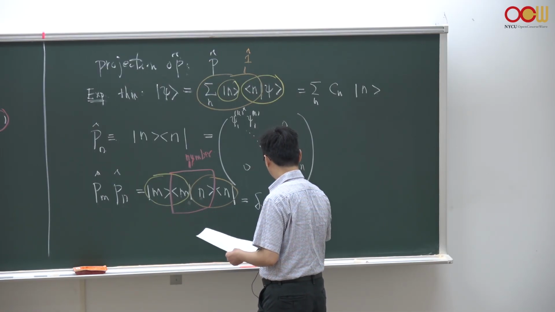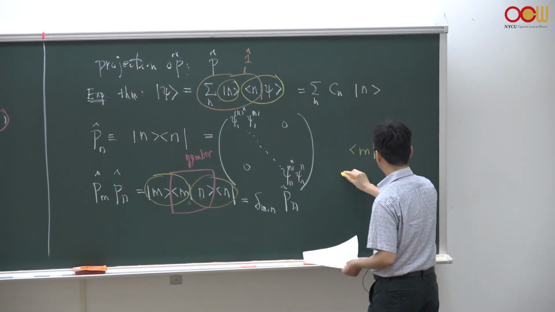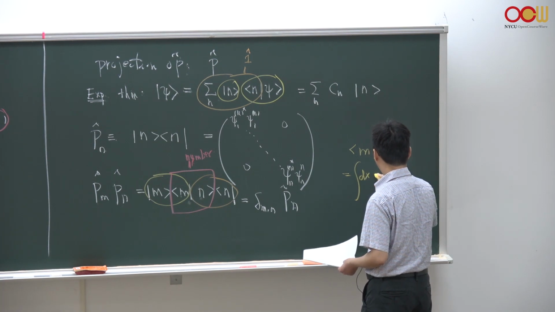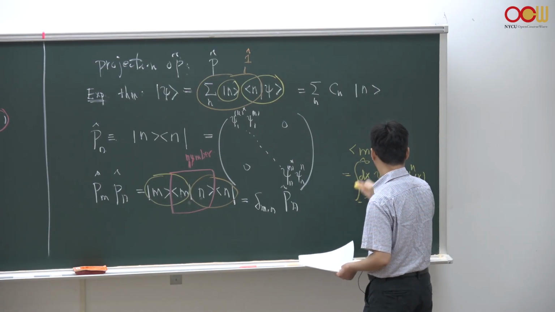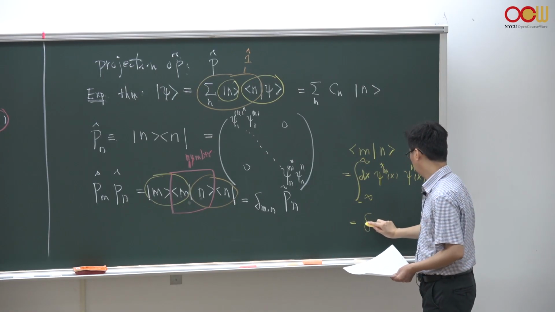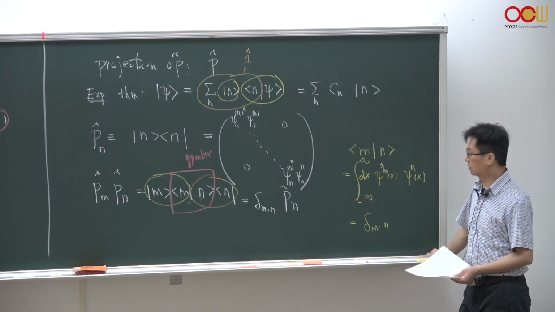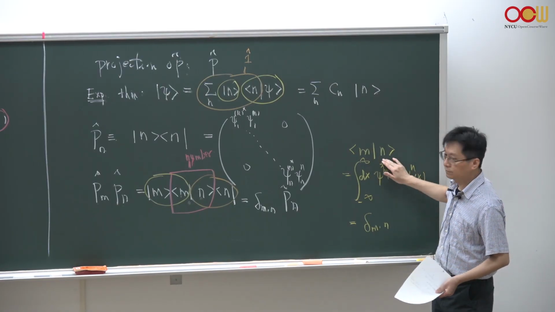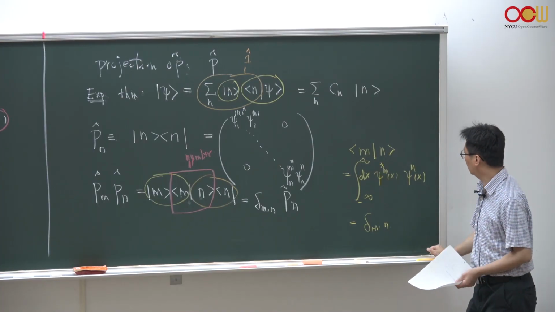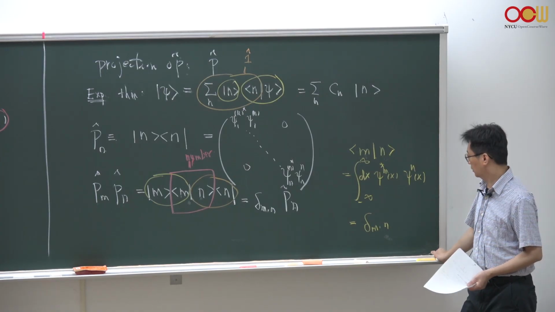Remember, a Kronecker delta function, right? Because this is nothing but the integral dx psi m star psi n. This is nothing but delta mn. Okay? By the orthogonal normalization condition for a complete set of eigenfunctions, this projection, or inner product between this Dirac ket on the right and Dirac bra on the left, is nothing but the Kronecker delta function.